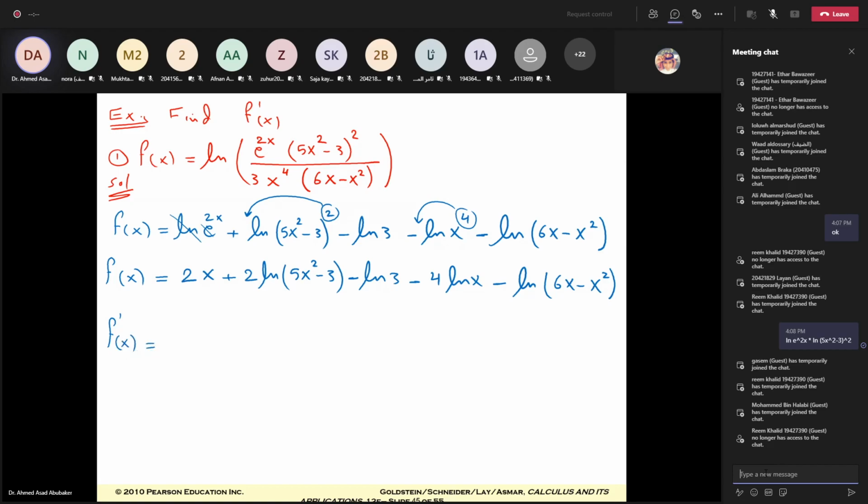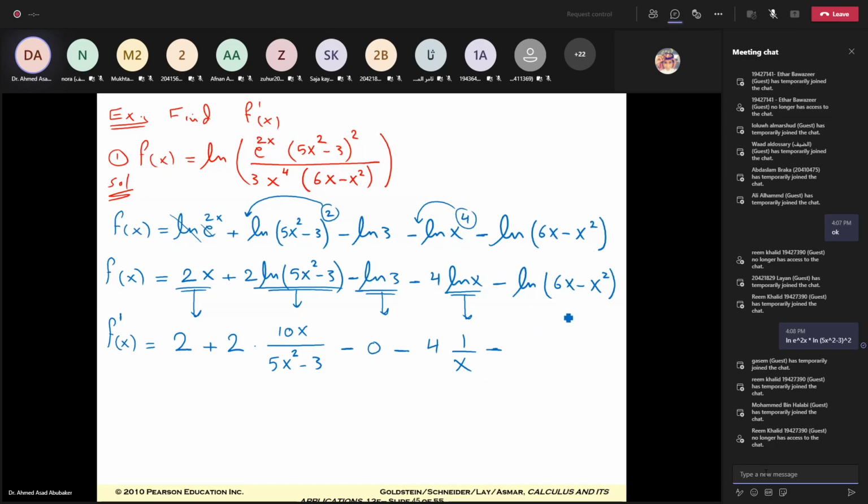To find f prime, the derivative, this is equal to what? The derivative of 2x equals 2. Plus 2 times the derivative of ln (5x squared minus 3), which equals 10x over 5x squared minus 3. Minus ln 3, this is a constant, 0. Minus 4 ln x, the derivative equals 1 over x.